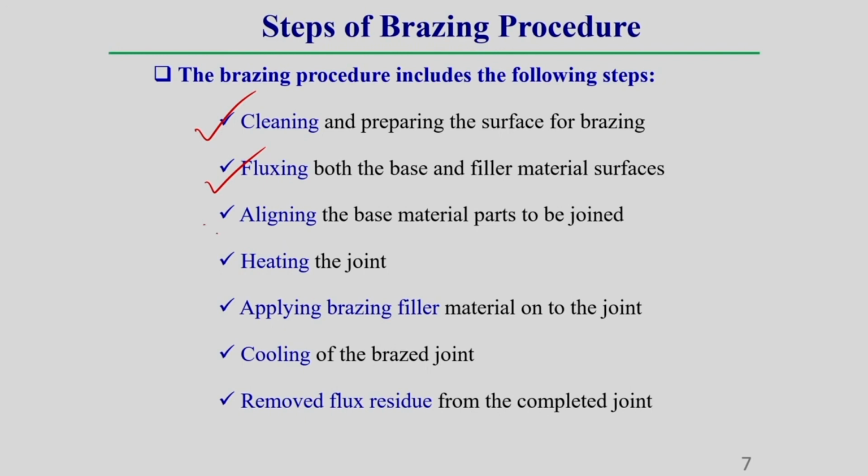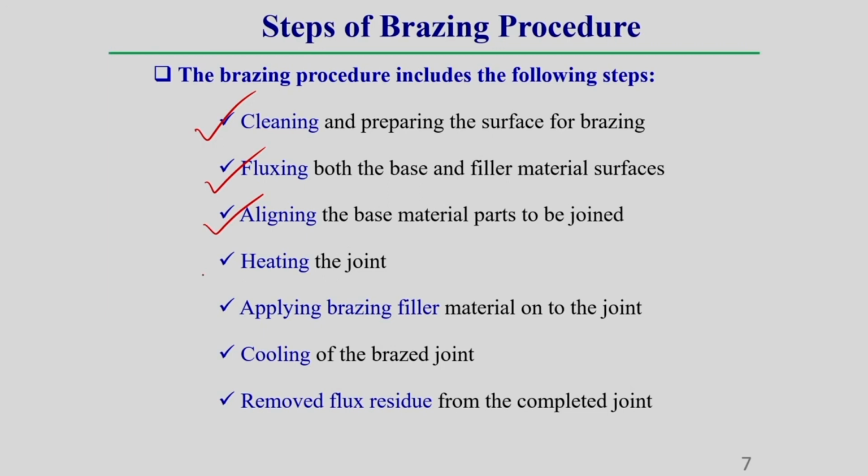The third point is to align the base material parts to be joined. After that we have to position the base materials which we are going to join, as per our required configuration. Alignment means we align the parts to be joined as per the required configuration.